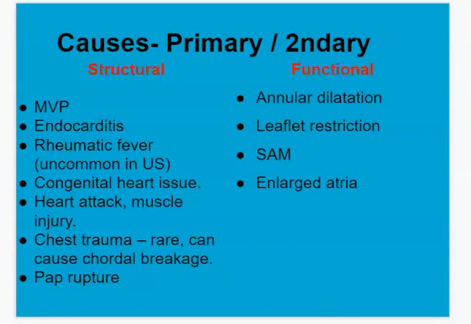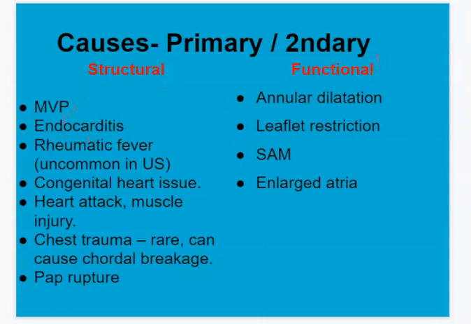So it's secondarily caused by chamber enlargement of either one of those. But primary is a disease of the mitral leaflet or cords themselves. And that's broken down into structural and functional, where structural would be primary, if you will, and functional would be secondary by this definition.